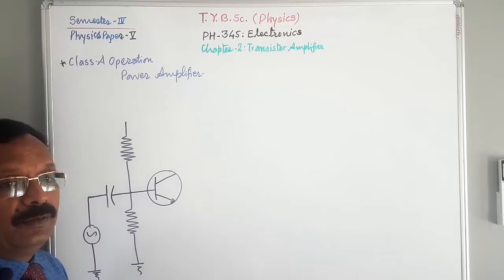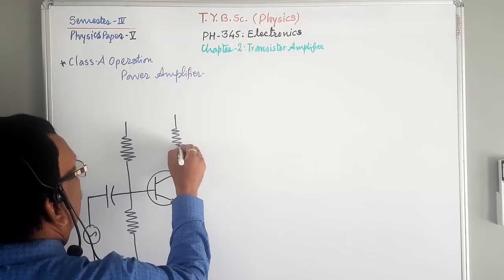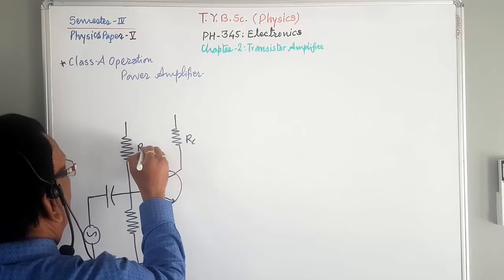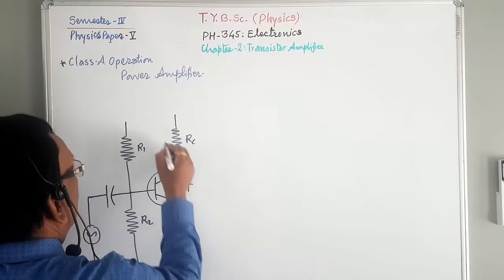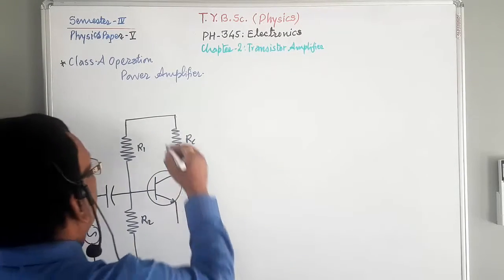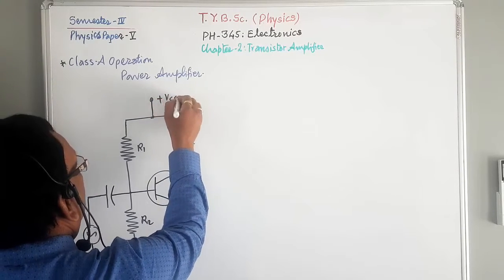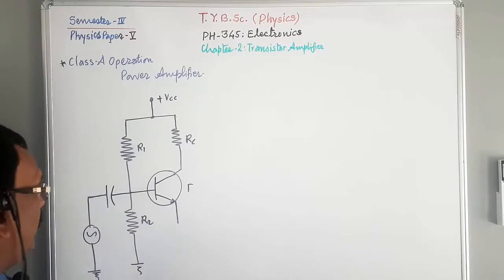Now at the collector there is a resistor RC. This is R1 and this is R2, and this is the transistor. Here the positive DC voltage VCC is given for the operation of this amplifier.